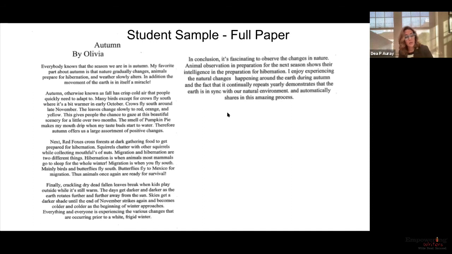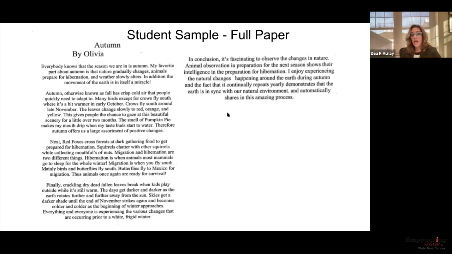Finally, cracking dry, dead, fallen leaves break when your kids play outside while it's still warm. The days get darker and darker as the earth rotates further and further away from the sun. Skies get a darker shade until the end of November strikes again and becomes colder and colder as the beginning of winter approaches. Everything and everyone has experienced the various changes that are occurring prior to the white, frigid winter.